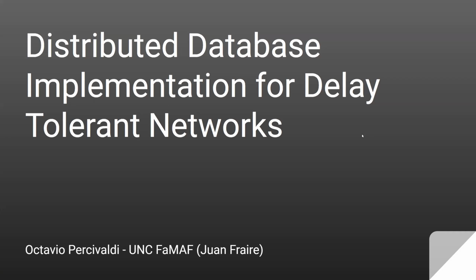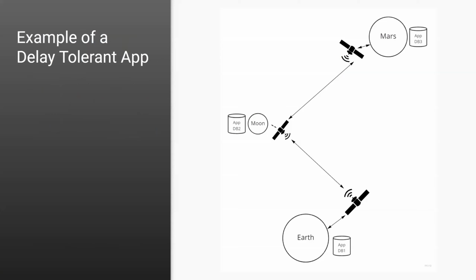So today I'm going to be talking about my thesis. My thesis work is about the distributed database implementations for delay tolerant networks. This will be used for delay tolerant applications. I'm sure all of you are familiar with delay tolerant applications, but let's have an example here. Let's take this application, for example.